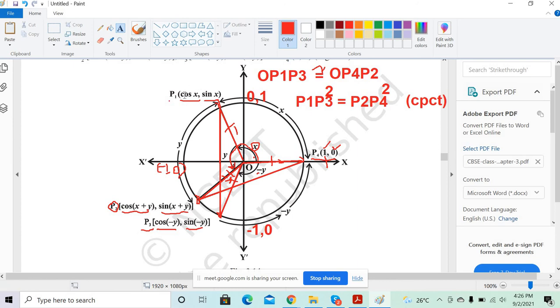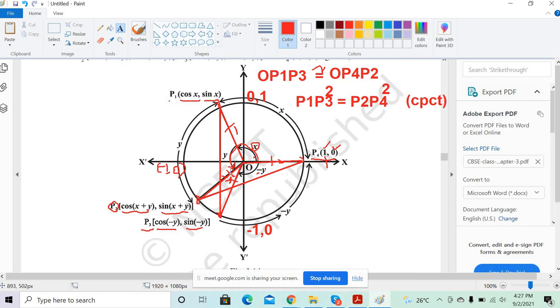You remember the distance formula, right? (x1 minus x2) whole square plus (y1 minus y2) whole square should be equal to P4 P2. So cos(x plus y) minus 1 whole square, and then sin(x plus y) minus 0 whole square, like that. Got it? Yeah.